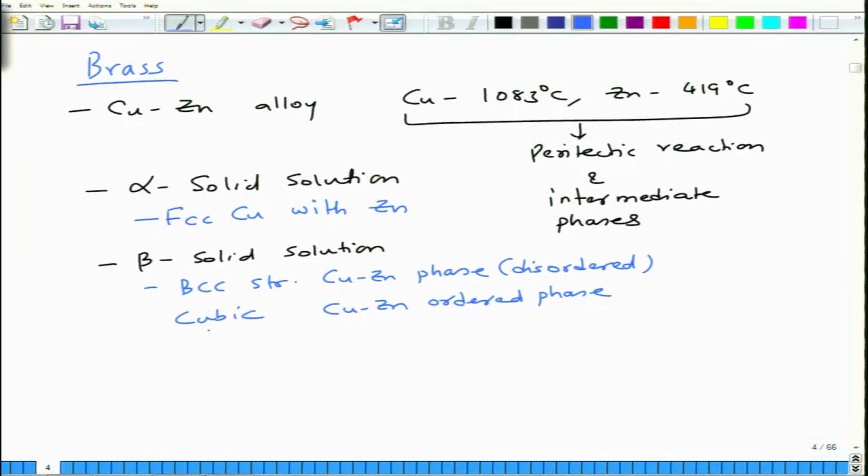There is a transition that happens from beta to beta prime.